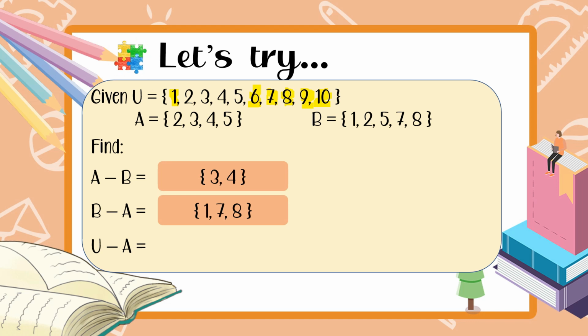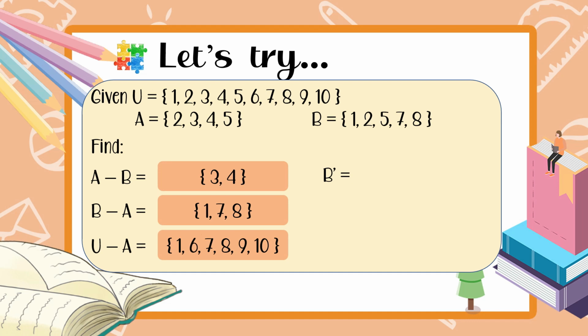So, lahat ng yan, yung 1, 6, 7, 8, 9, 10, lahat yan wala kay set A. Kasi ito lang yung set A natin. Therefore, U minus A is 1, 6, 7, 8, 9, and 10.